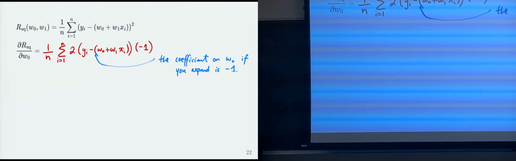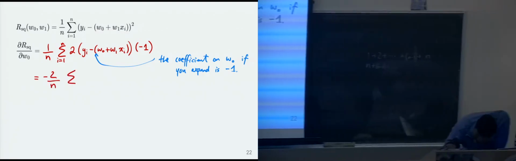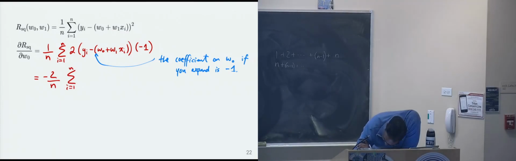And so now I have several constants that I can pull out of the sum. That can come out here, and this can come out here. And so this ends up being negative 2 over n times this sum.